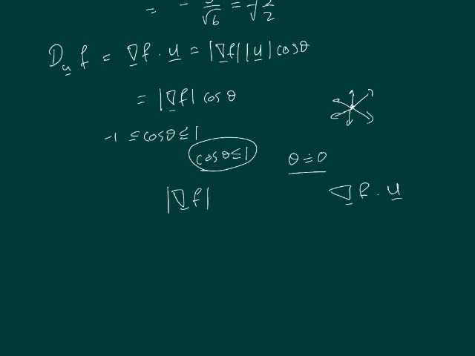If you think about it, it's quite clear. If theta is 0, that means the angle between grad f and u is 0, which means they're in the same direction. So the direction of maximum increase is along the vector grad f.